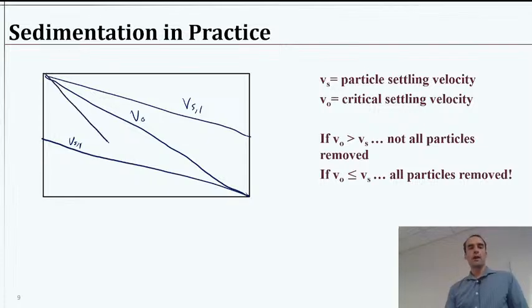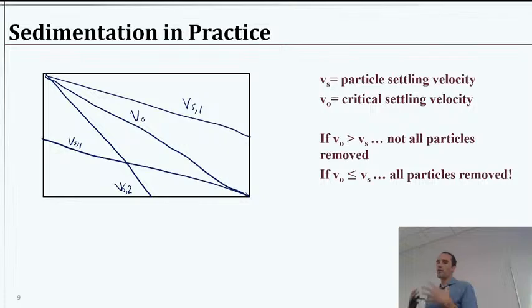Maybe it's just going even faster. Those are definitely all removed, right? It's very, very intuitive here. I just want to make sure it's clear. And again, this could be a circular reactor. We're just taking the cross-section and seeing what happens in that cross-section.